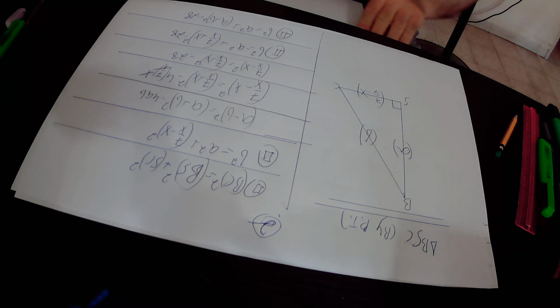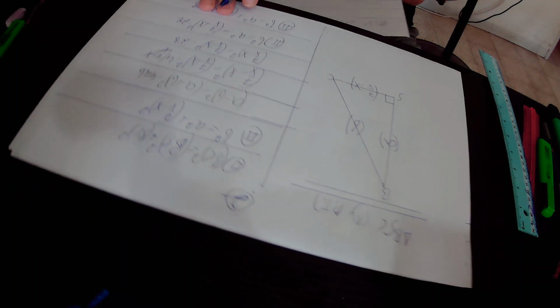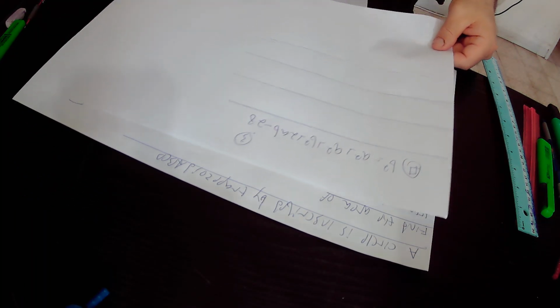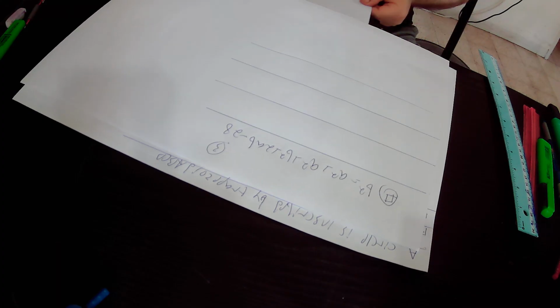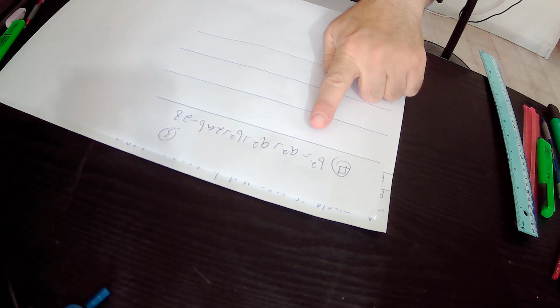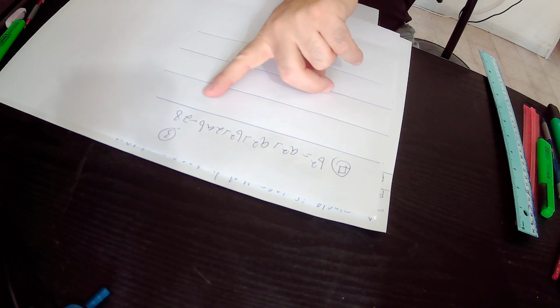So in conclusion, according to equation 2, b squared equals a squared plus b squared plus 2ab minus 28.